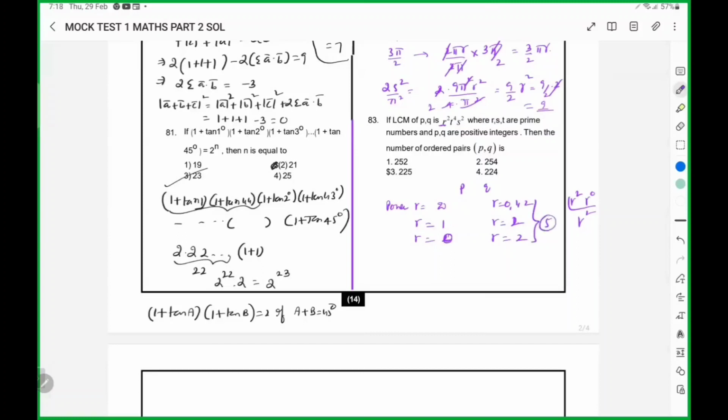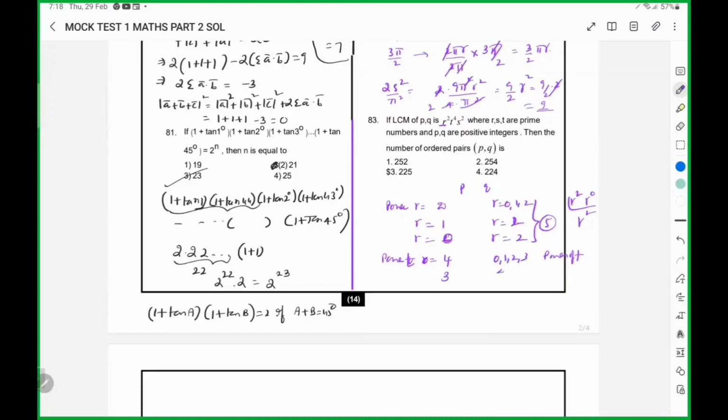So here 5 possibilities. Power of T, if you take it as 4, then here the power of T will be 0, 1, 2, 3.